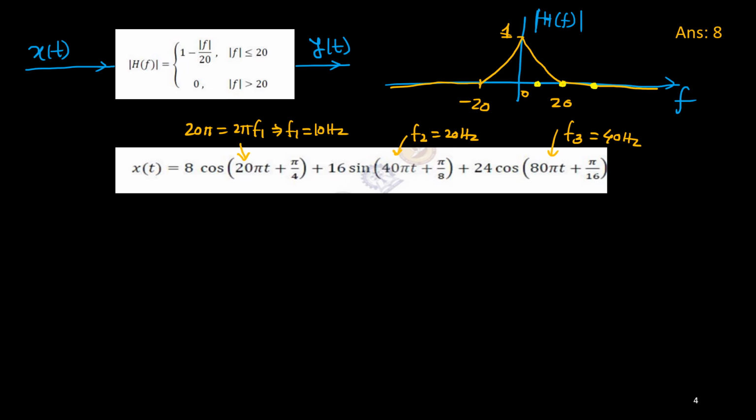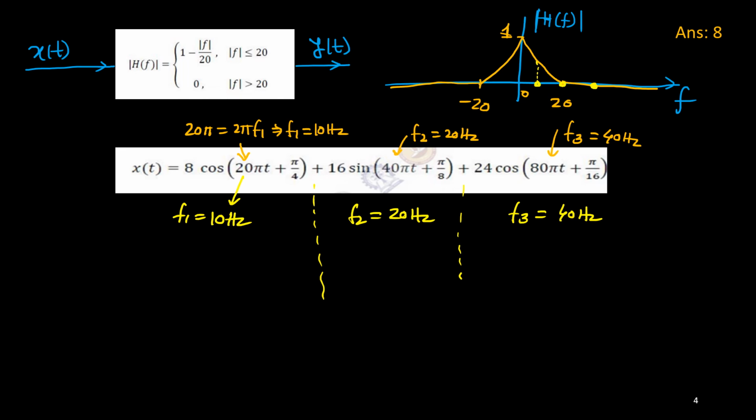So we can calculate the magnitude at 10 Hz, here, and here. So in these three regions, we have f1 equals 10 Hz, f2 equals 20 Hz, and f3 equals 40 Hz, right?